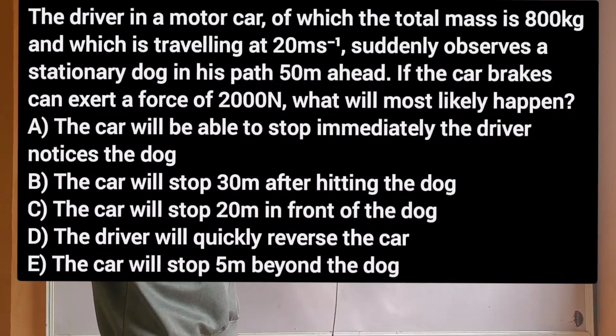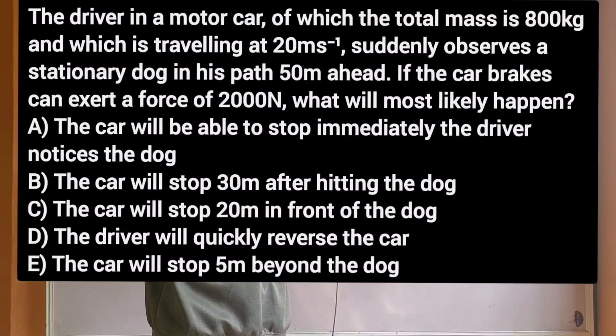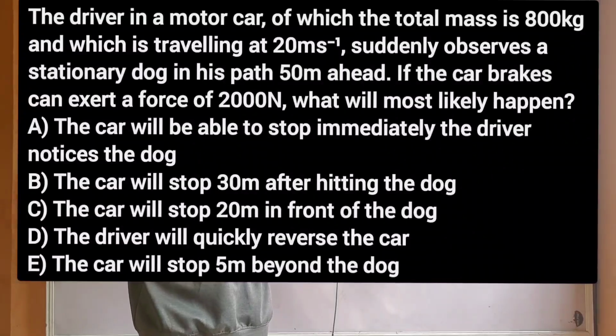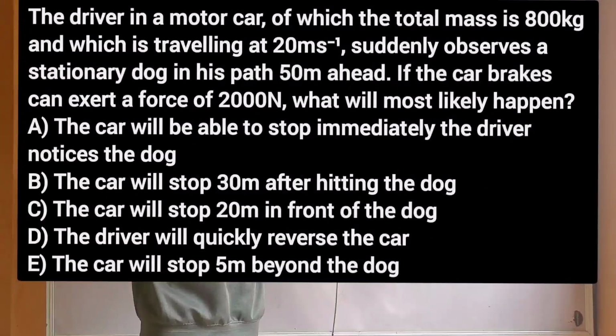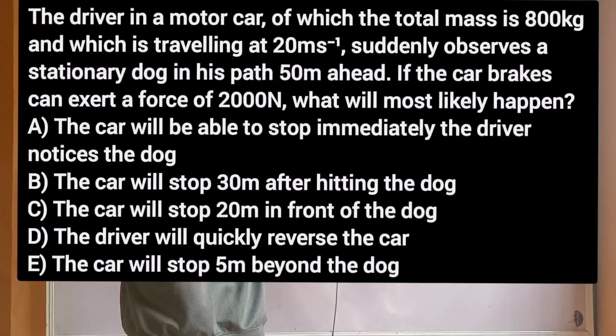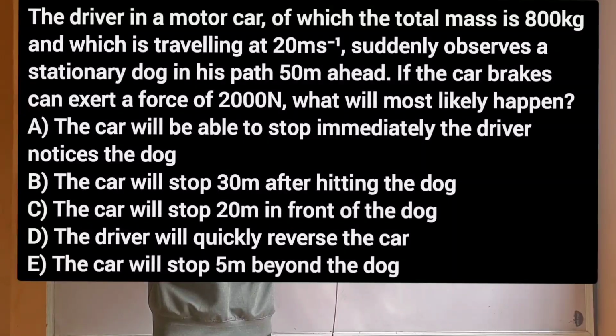The driver in a motor car of which the total mass is 800 kilograms and which is traveling at 20 meters per second suddenly observes a stationary dog in his path 50 meters ahead. If the car brakes can exert a force of 2,000 Newton, what will most likely happen?